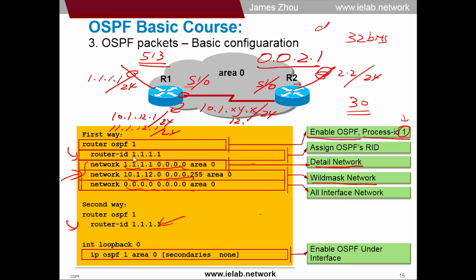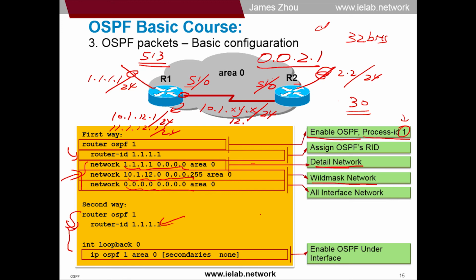You would need to network under the OSPF process again, right? If you use the second method, you do not need to modify the OSPF configuration. Just modify the IP address and it is okay. So this is the recommended method to configure OSPF.